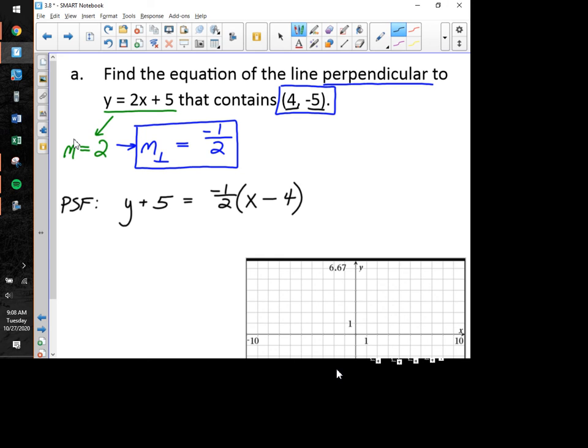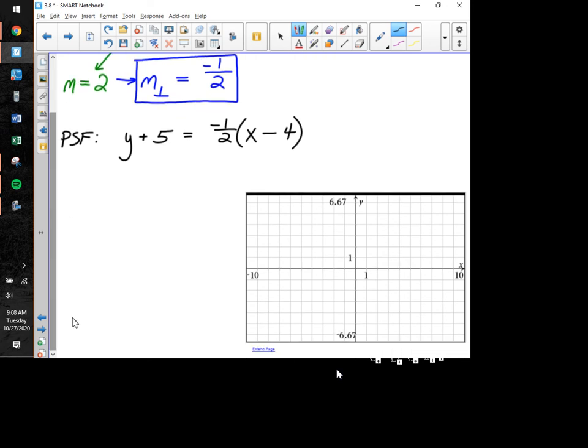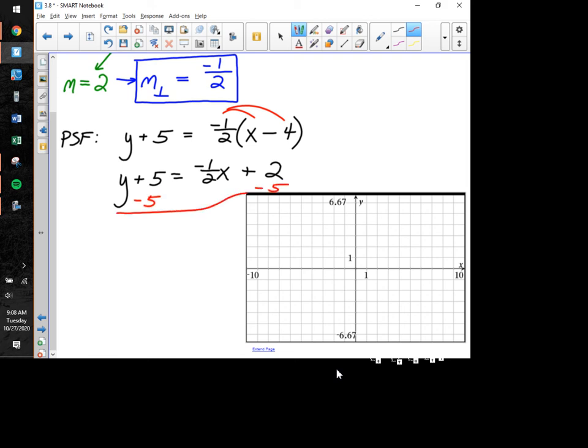So there's the equation of our new line in point-slope form, and let's go ahead and distribute that negative 1/2 here, and let's eventually get it in slope-intercept. y plus 5 is equal to negative 1/2 x, and a negative times a negative is now a plus. 1/2 times 4 is a 2. And all we have left to do is subtract a 5 from both sides. And we're going to end up with our answer now, I hope, of y equals negative 1/2 x minus 3.